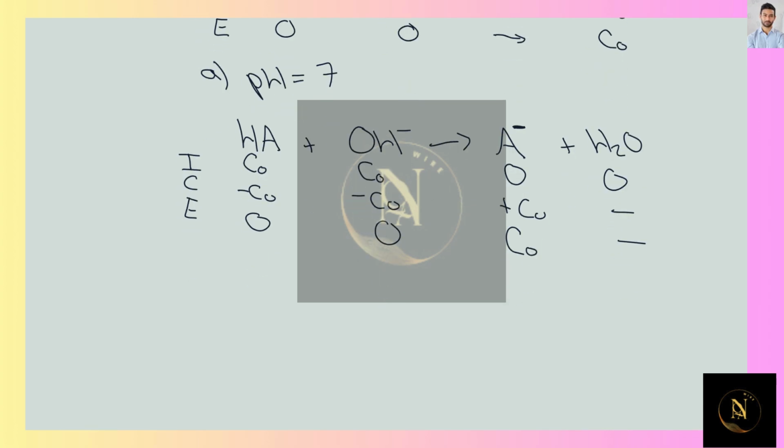But now what happens? Well, A minus can react then with water in order to produce HA plus OH minus again, right? So at equilibrium in the equivalence point, we have an initial amount of A minus, the conjugate base, that in the presence of water is going to generate more HA plus OH minus.